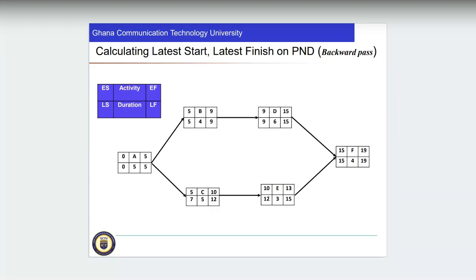Okay, I found it. You never find the formulas; it's not written anywhere. It is latest finish minus the duration, which gives you the latest start.